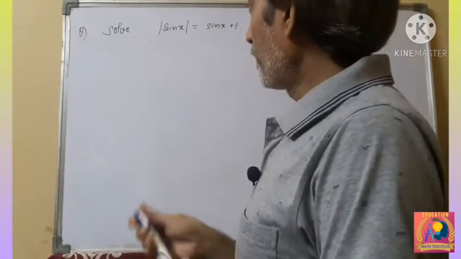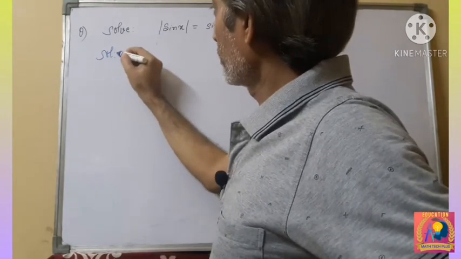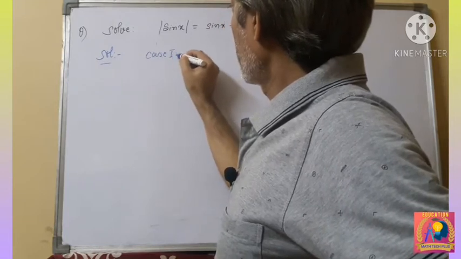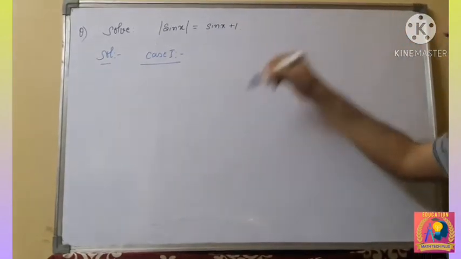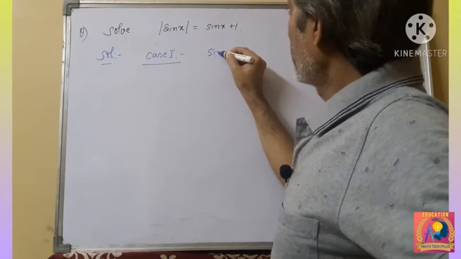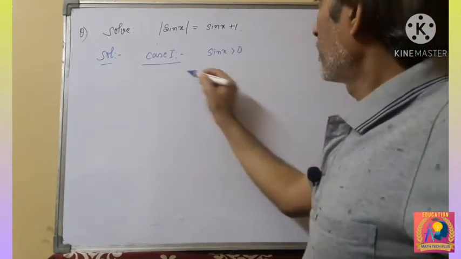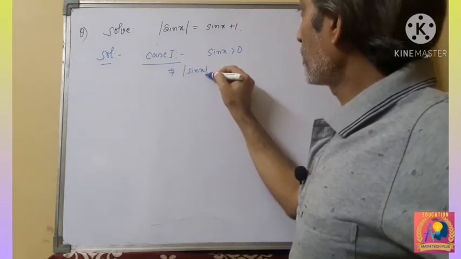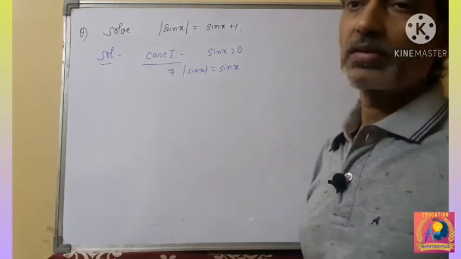So what we will do is case 1. As we know, we can break the mod in two parts. Suppose sin x is more than 0. This implies mod of sin x equals what? Sin x.